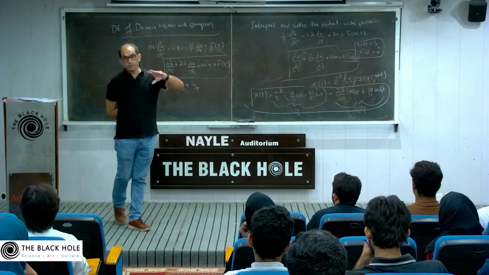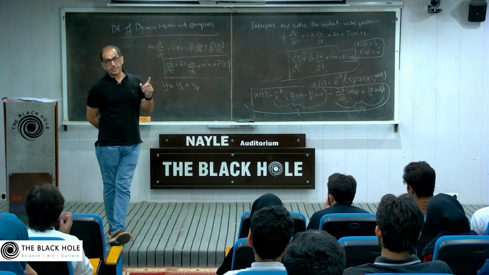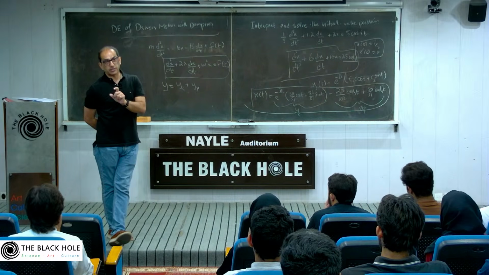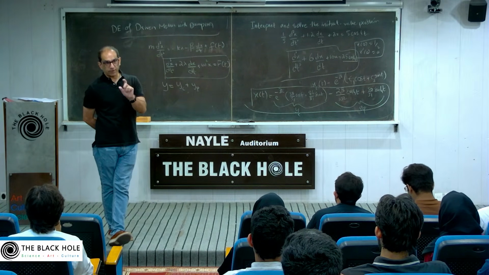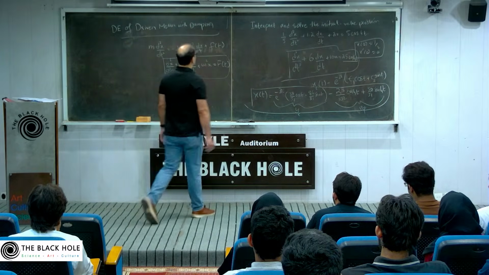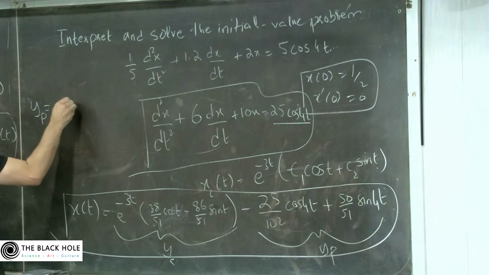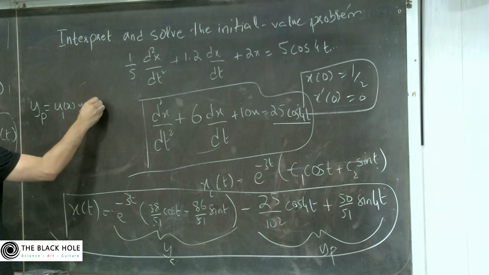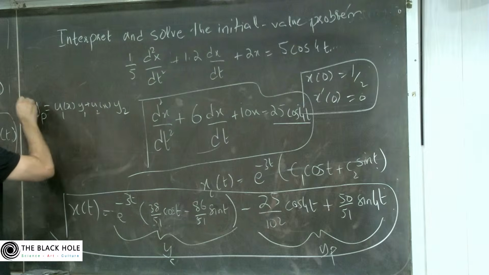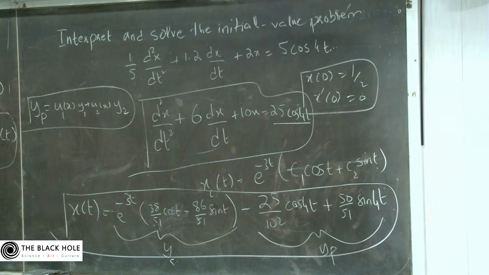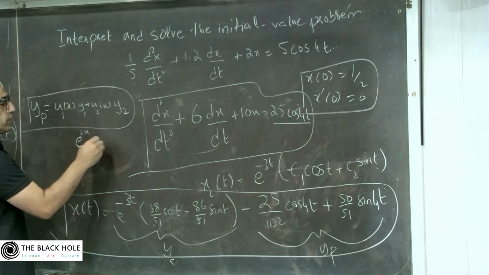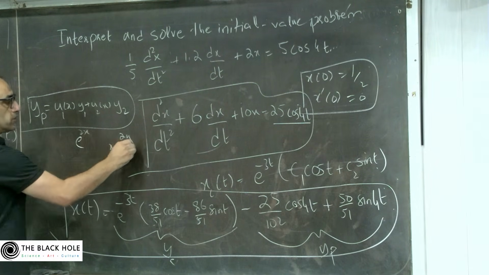Eventually it will be affected in that case, in the sense of your C1s and Y1s, your YP and YC. So I construct my YP as u1 of x y1 plus u2 of x y2. But if you look at just y1 and just y2, in the case we have done, it is e raised to power 2x and x e raised to power 2x.